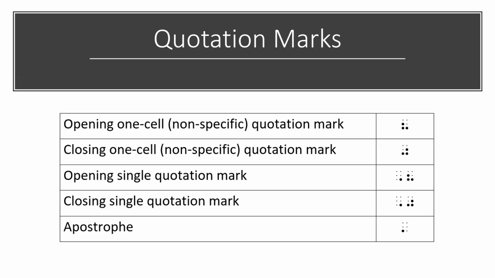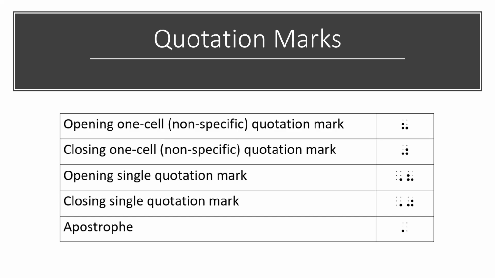Not going to spend a lot of time on these quotation marks, as it's not often that you will see two sets of quotation marks used in just the literature we're doing. Patrick, you might see this a bunch. I do. Yeah, so just know if you only have material that has one quotation mark in it, like the double one, you would use the top quotation, the opening one cell non-specific or the closing one cell non-specific.